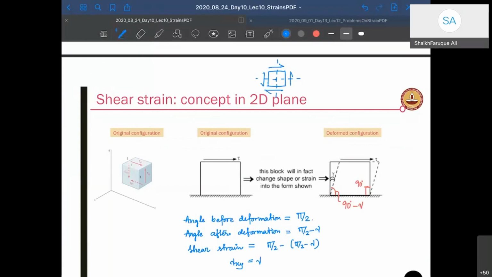The body is going to, this is the point. So it's going to move like this. So it is going to look like this, right? Because of the shear, it is going to distort a bit and it's going to move like this, right?